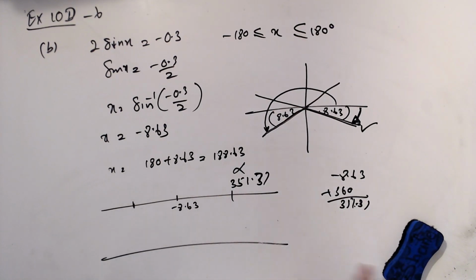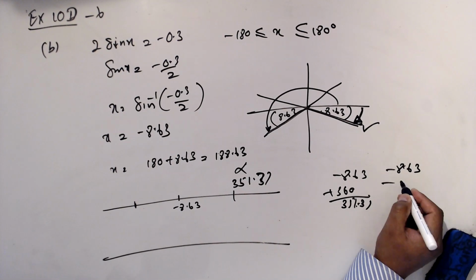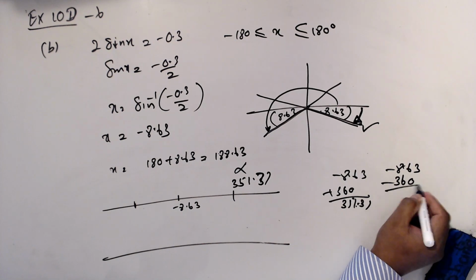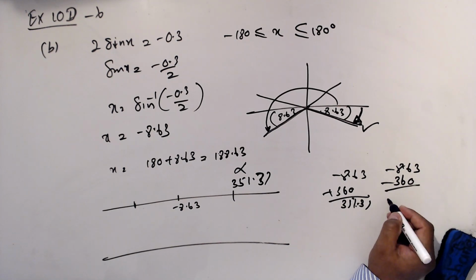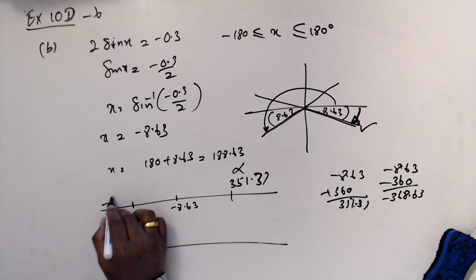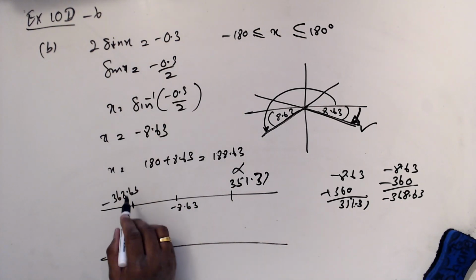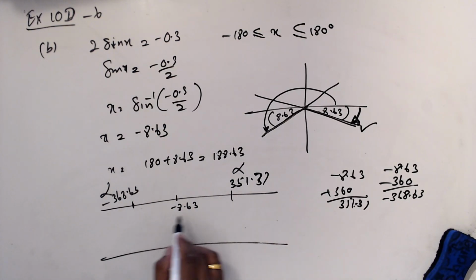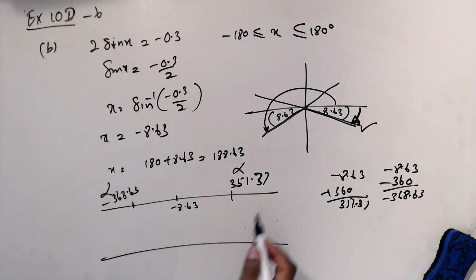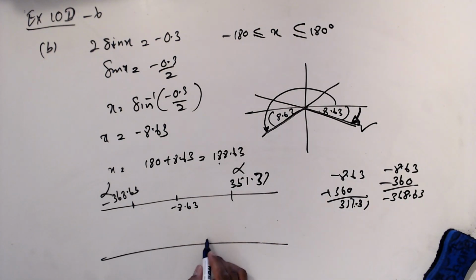I will take out now minus 8.63 minus 360. So then this is going to be minus 368.63. This is also less than the range, so this is also not the answer. From here only one answer remaining. So I pick up this one, 188.63, which is not the answer already.